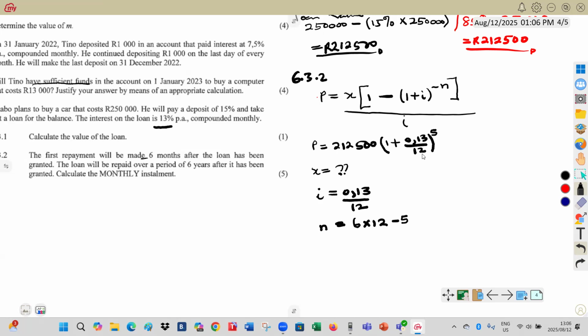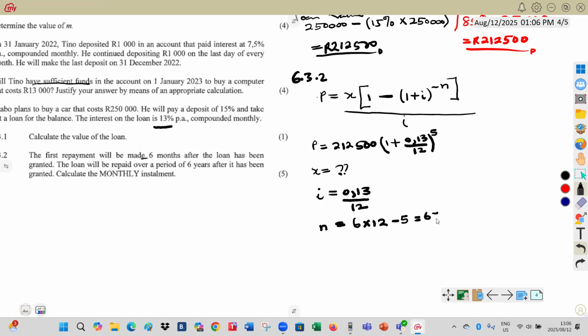So our n becomes 72 minus 5, which is 67.